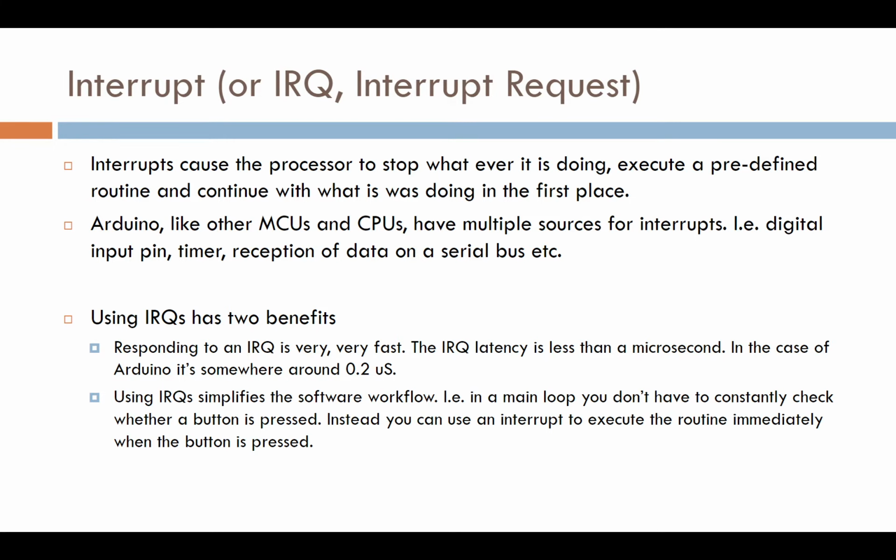So now we can use the interrupts to execute the routine immediately when the button is pressed. Also, when you have these interrupt service routines, interrupt handlers, in a separate code block, then this code is also readable. You understand it better.